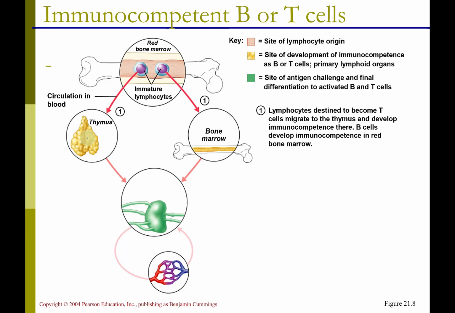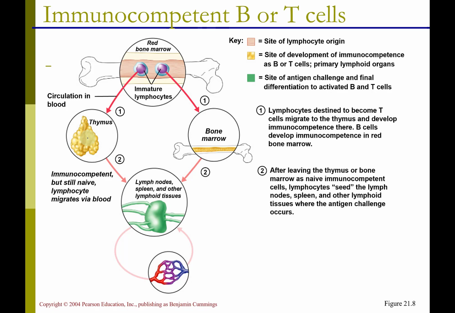Now, once cells are immunocompetent, they travel to lymph nodes, the spleen, or other lymphoid tissue. And in this case, they are immunocompetent but naive. What that means is they have the one receptor that will allow them to bind to that one antigen they're targeted for.